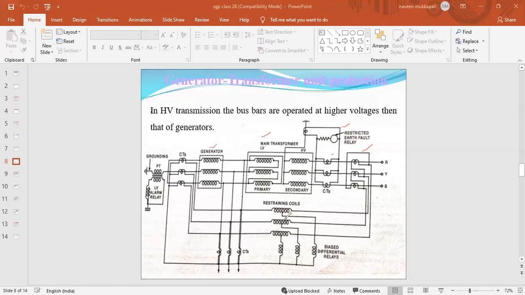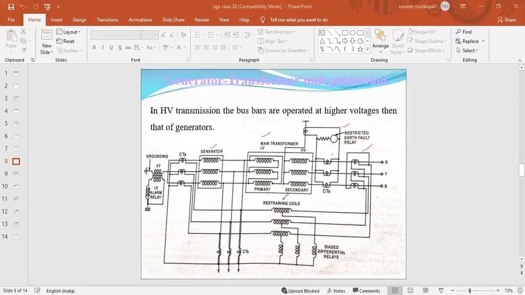Okay, what is the difference between this bias differential protection and the plain differential protection? In the case of a differential protection, we use only the differential relay. We do not use any restraining coils. Why?